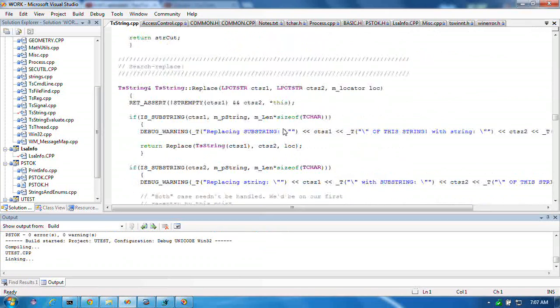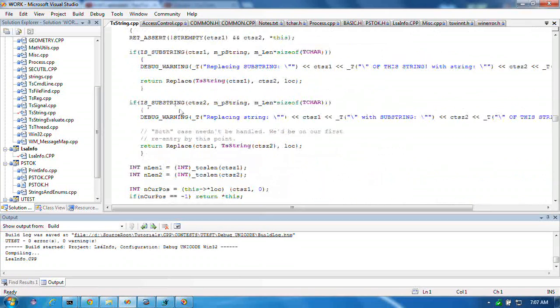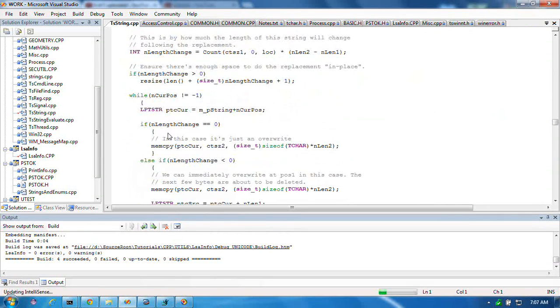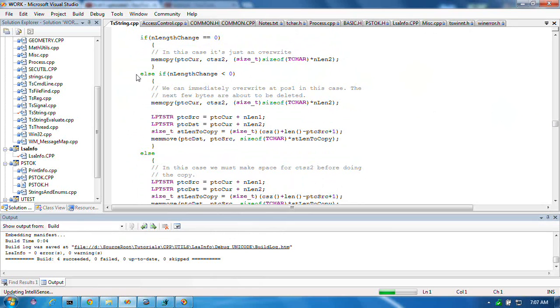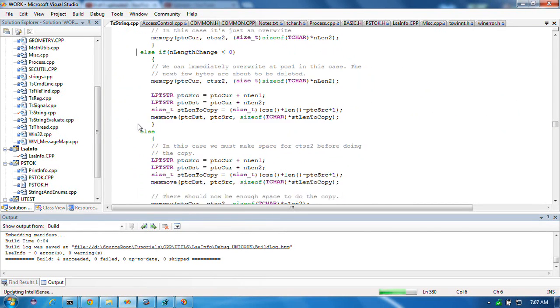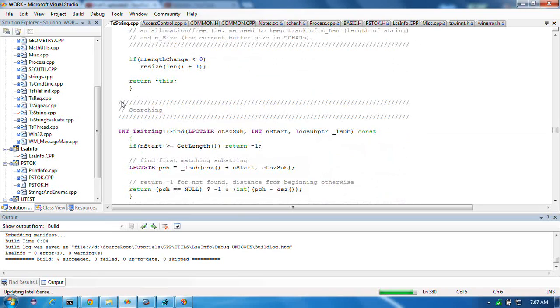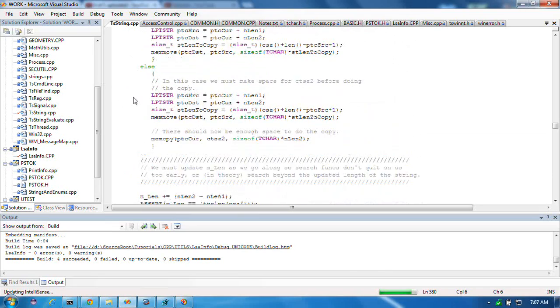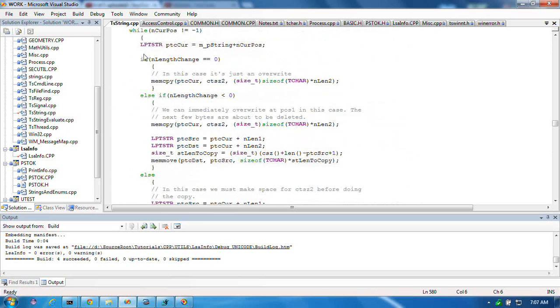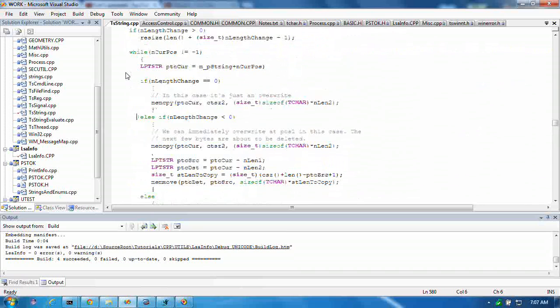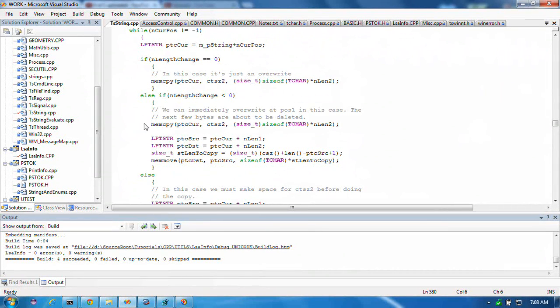And I had this function I added called replace. Now I don't know if I've gone through every possible case, but the problem is that I use things like memcopy and memmove and so on.